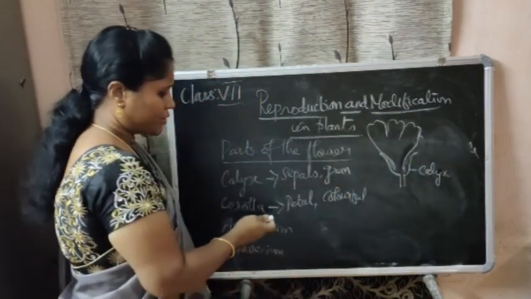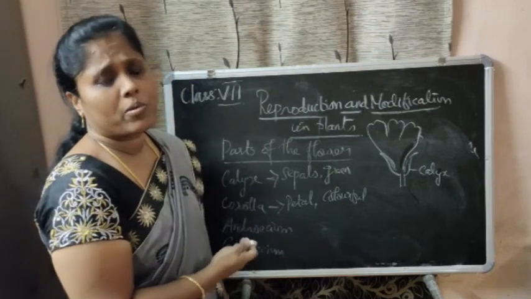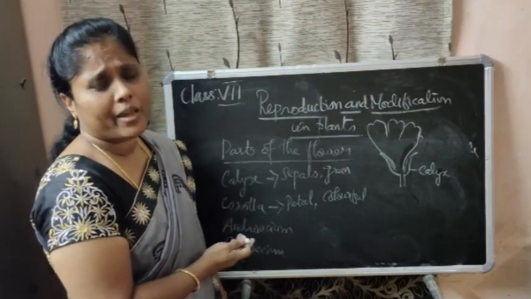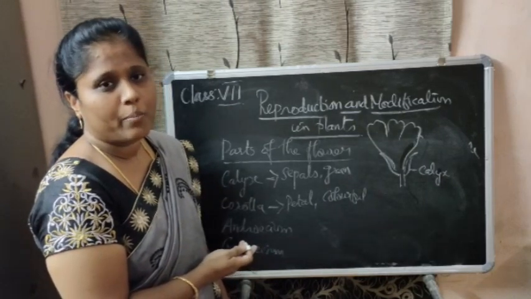Usually the corolla attracts the insects, and then the insects help in the pollination.